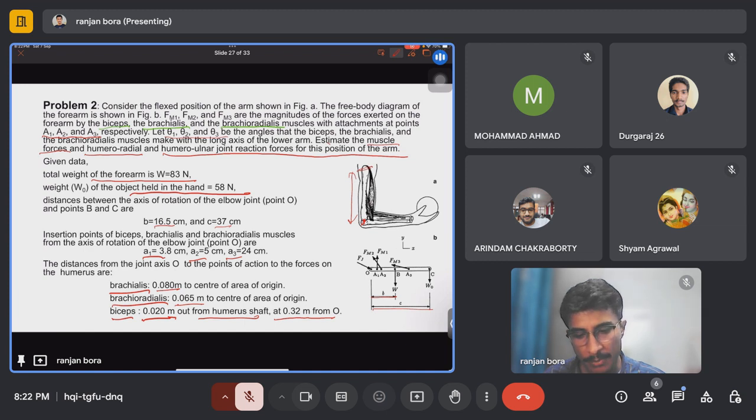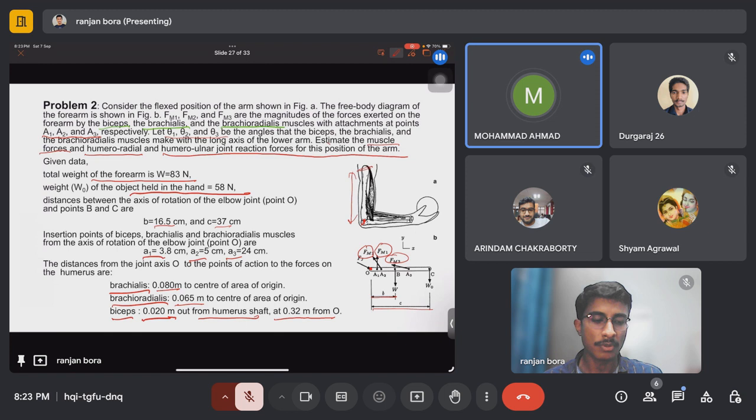First, if you see the problem, you can see that the question is asking to find out the muscle forces, means FM1, FM2, and FM3. So we have three muscle forces, and it is also asking for the humeroradial and humeroulnar joint reaction forces, means the joint reaction force at point O. So how many unknowns are there?